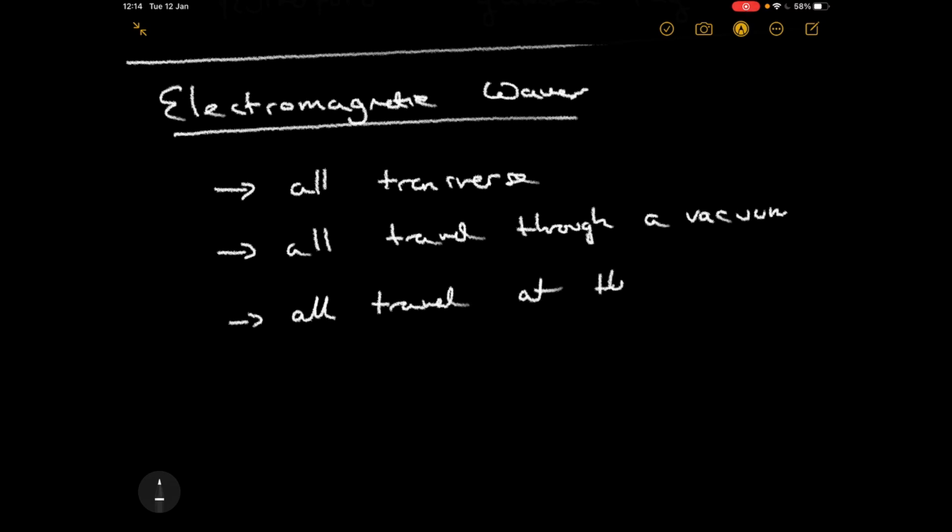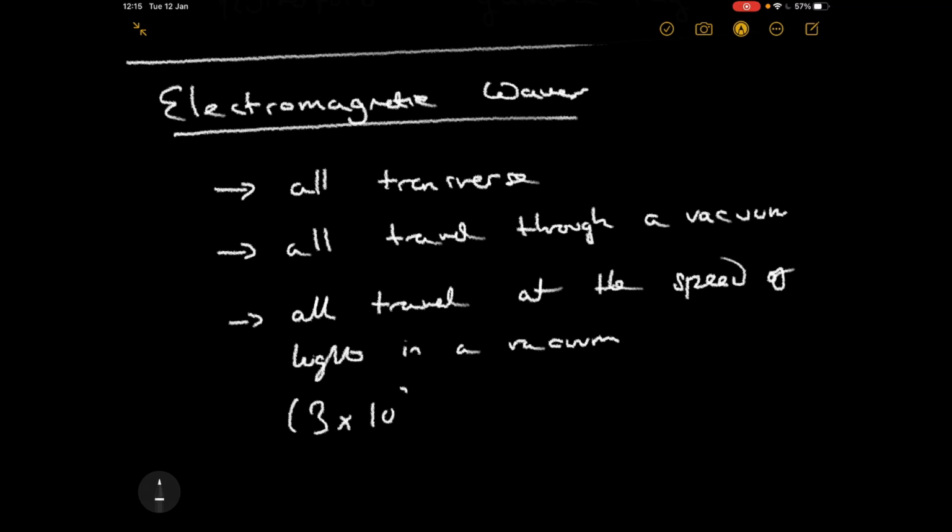And they all travel at the speed of light in a vacuum. Which, if you ever need to use it, you'd be given it.